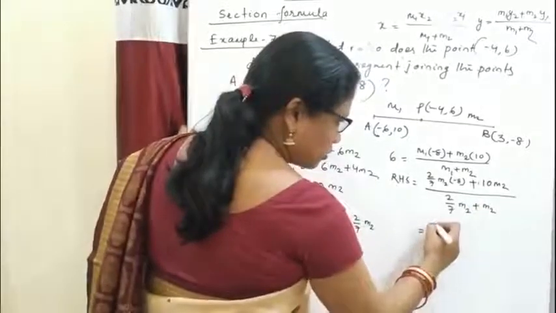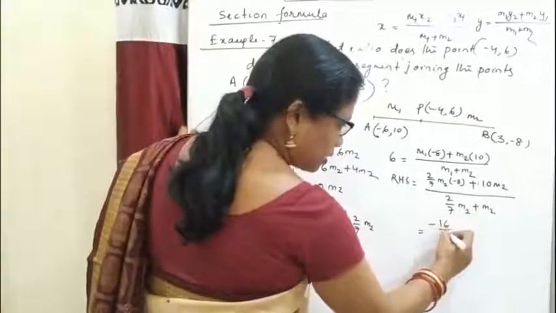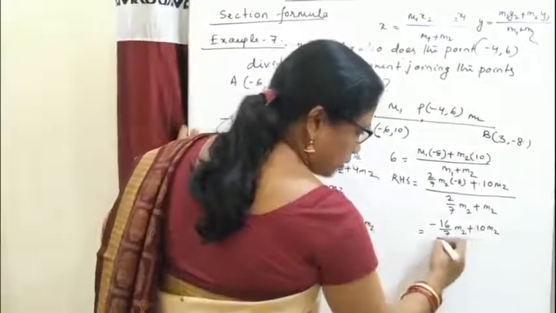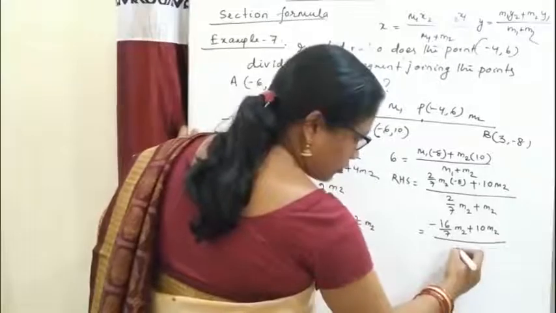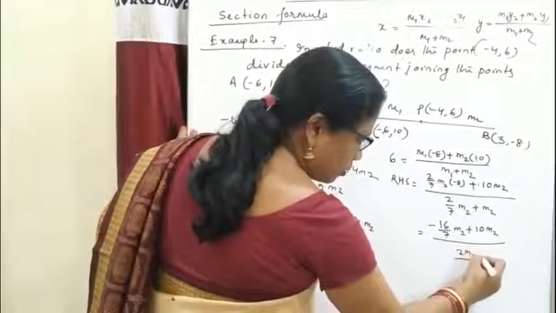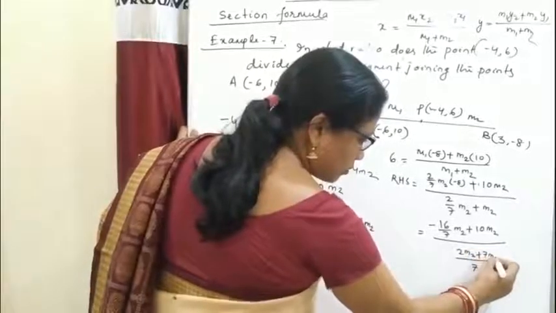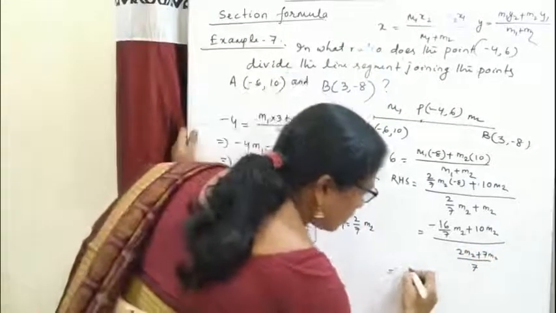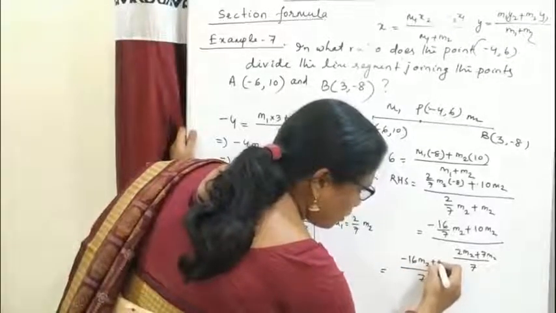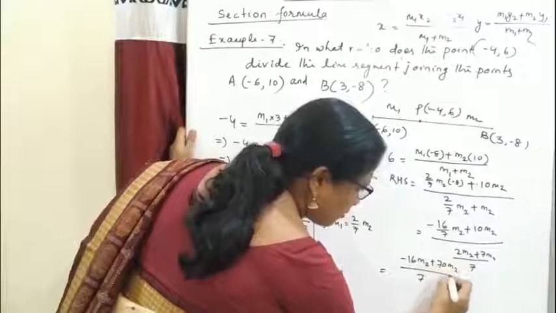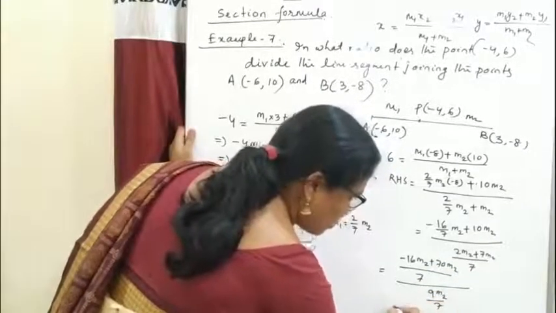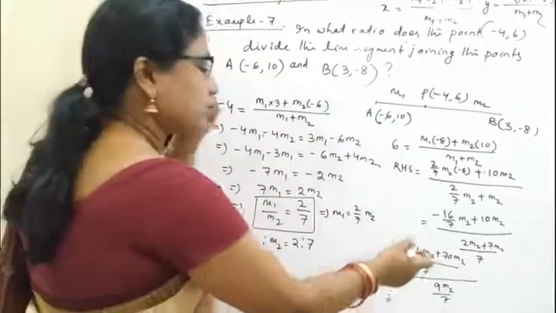So this is equal to -16/7 m2 plus 10 m2, divided by 2 m2 plus 7 m2 over 7. The LCM is 7. So -16 m2 plus 70 m2, divided by 9 m2.